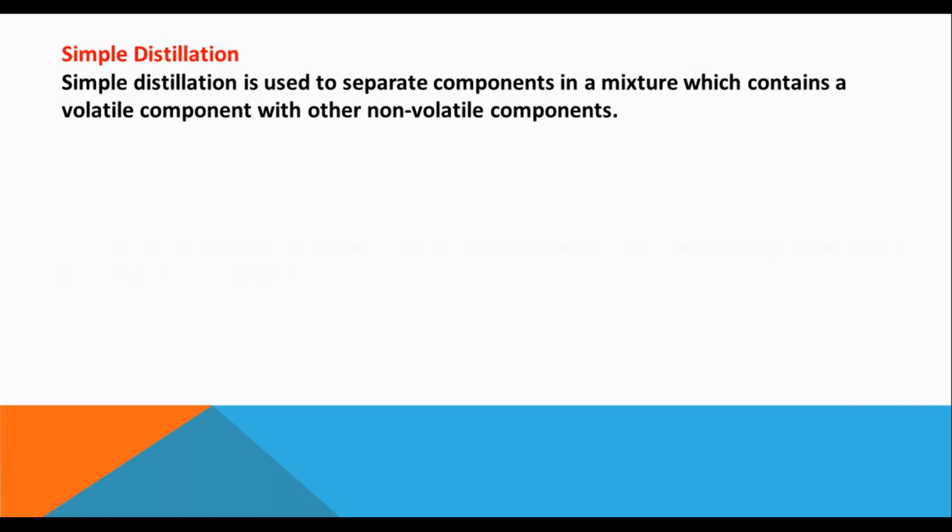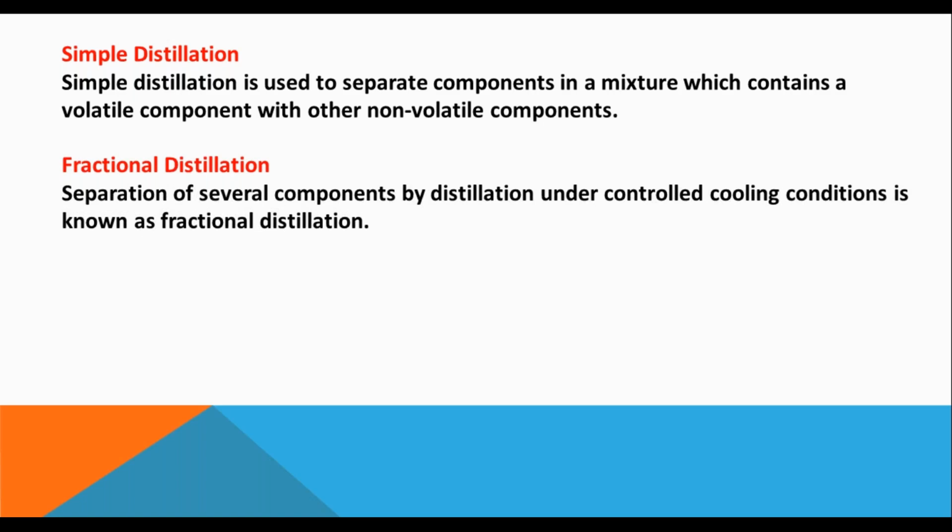Then what is fractional distillation? In fractional distillation, there are many components which are volatile, but there is a difference between them. So what we do is extract them one by one under controlled cooling conditions, right? Separation of several components by distillation under controlled cooling conditions is known as fractional distillation.